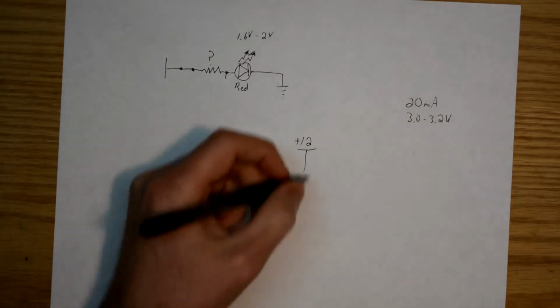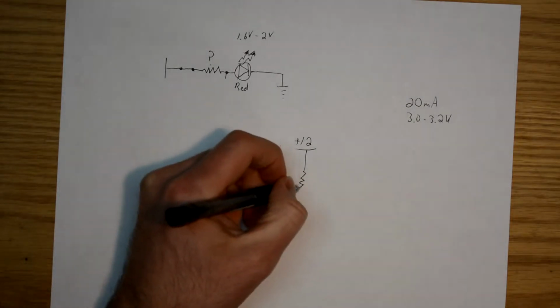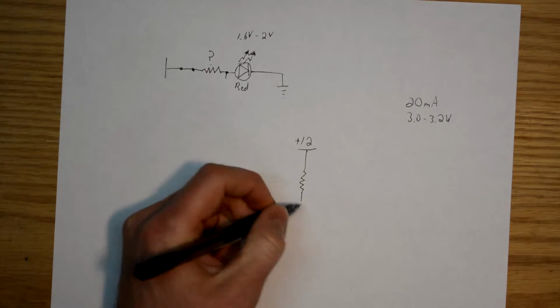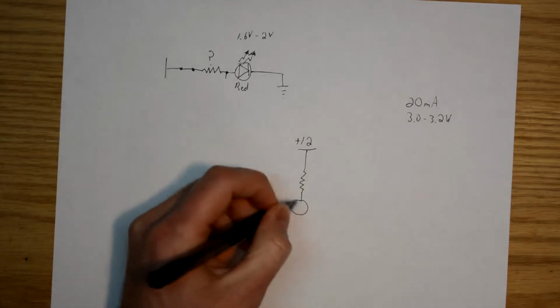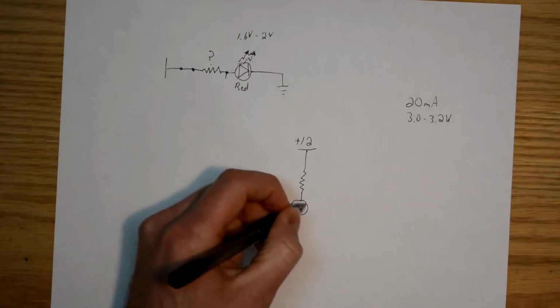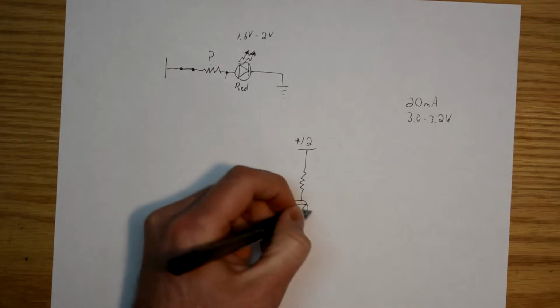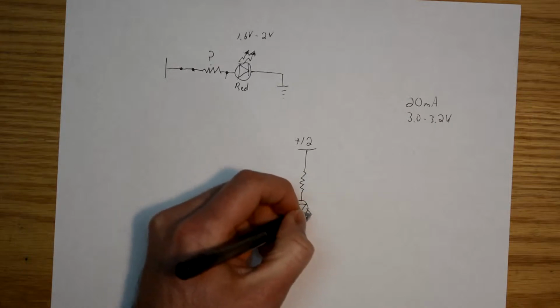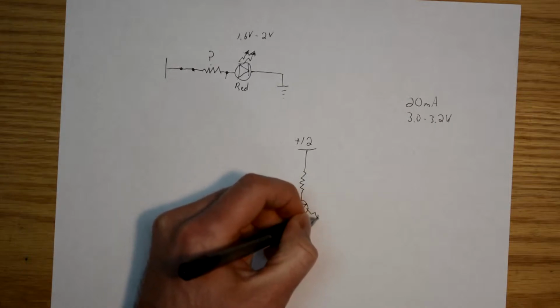We're going to have some kind of resistor going into one of these LEDs that he has. It's going to be one of his LEDs. Pardon my fantastic drawing skills.